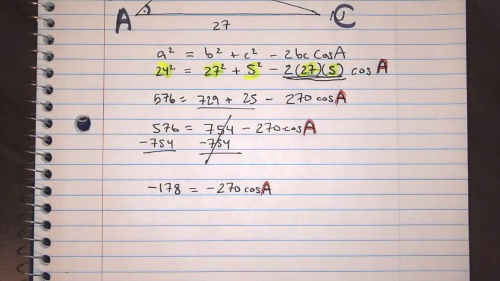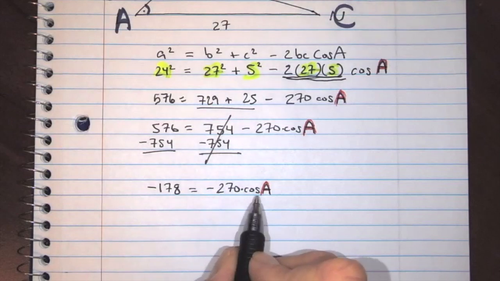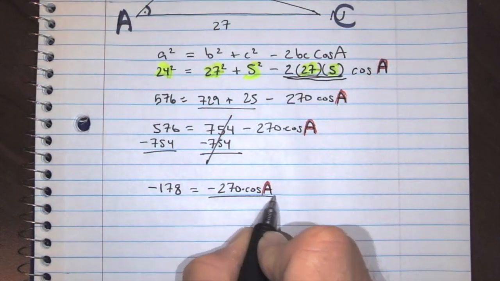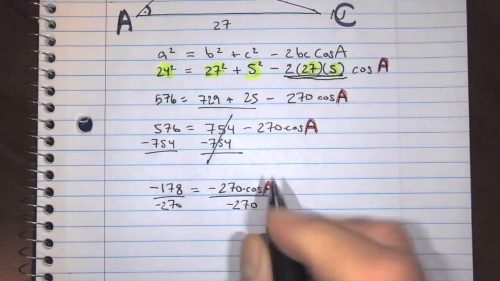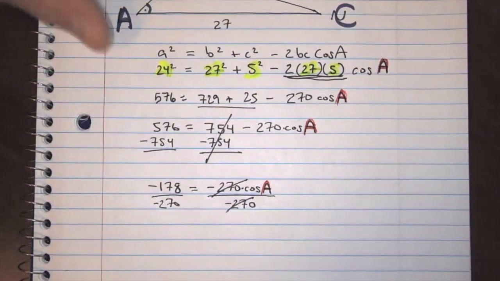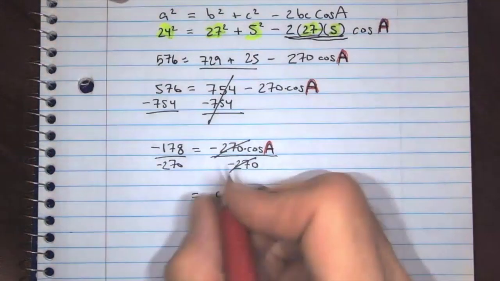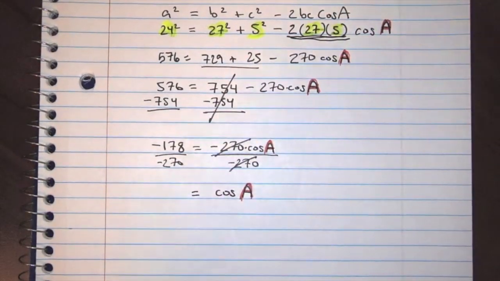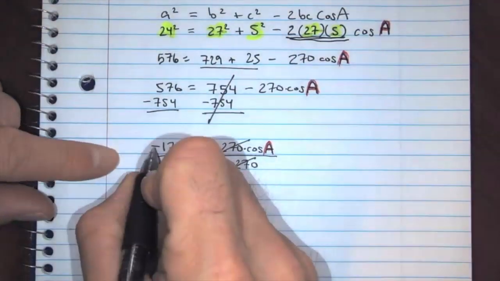Now, don't divide by the cosine on both sides. Because we have a number, let's isolate the cosine of A. Let's get this all by itself. So let's divide both sides by negative 270. Those cancel. Equal sign comes down. The cosine of big A comes down. A negative divided by a negative is going to give you a positive.